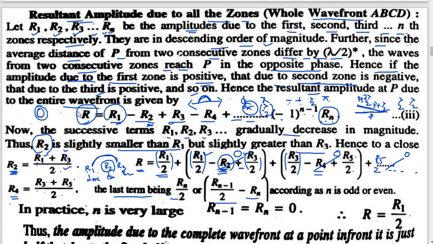We don't need that last part, because whether n is even or odd, Rn is very small. As the order of the zone increases, the amplitude decreases.